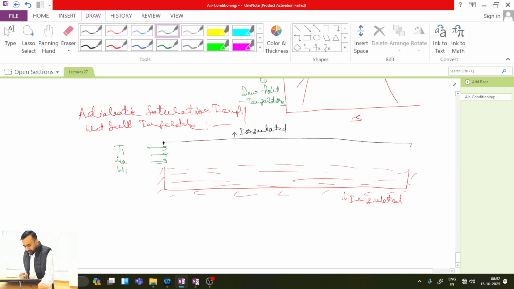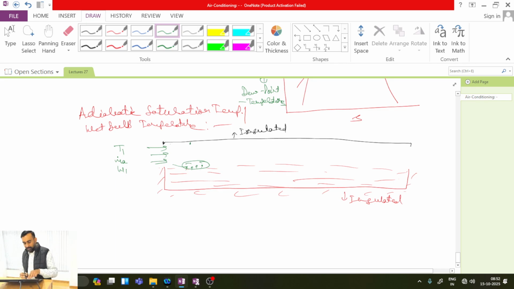Now, whenever this air interacts with the water, what will happen? The immediate adjoining layer of the air will take the water vapor which is evaporating from the pool, and in this immediate portion I will have a high concentration of vapor in comparison to the remaining portion. Is this one clear?